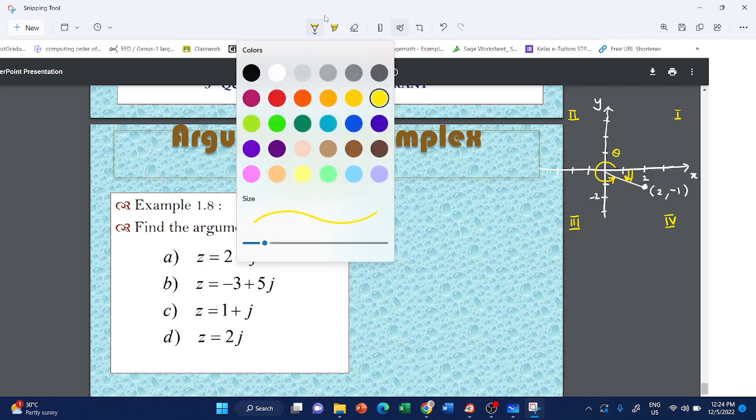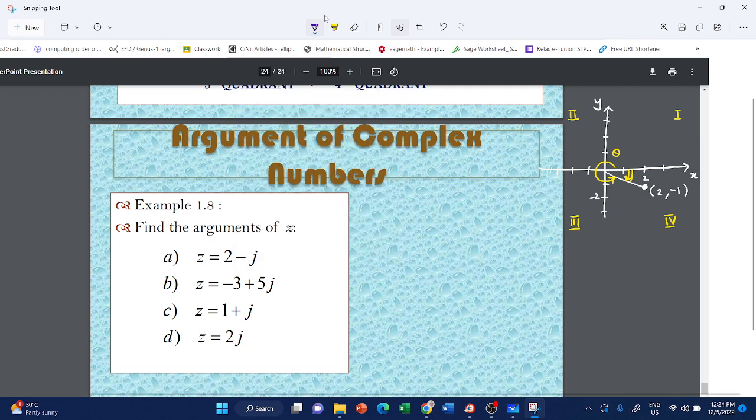Okay, so we already know the formula to find the angle theta. Use the concept of inverse tangent. Okay, D over A. D is the y, A is the x. But this theta, the answer you will get is in the range 0 to 90.